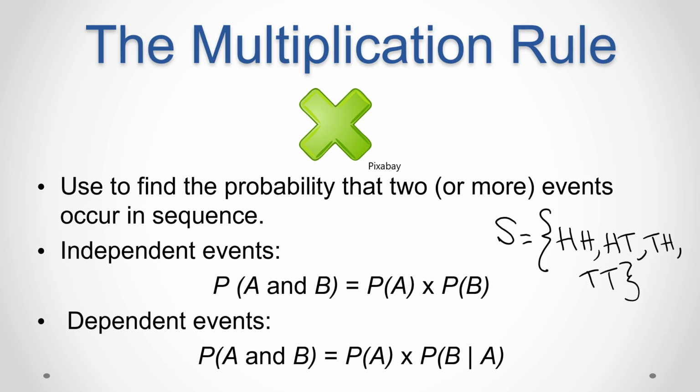There is one outcome, one out of four possible outcomes, where we get heads on both flips.